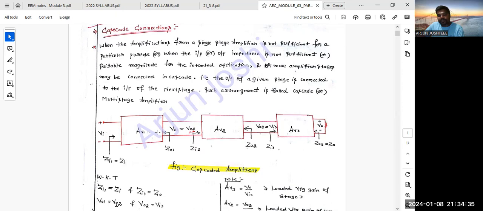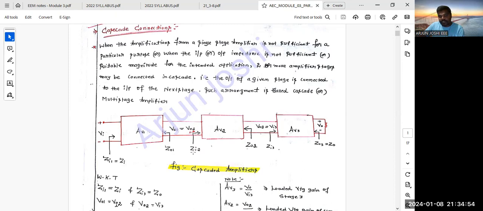Z01 is the output impedance of stage 1, and V01 is the output voltage of the stage 1 amplifier. Vi2 is the input voltage of the second stage amplifier. Here you can observe V01, the output of the first stage, is equal to the input of the second stage.